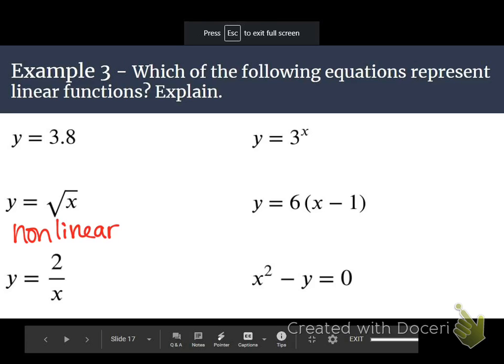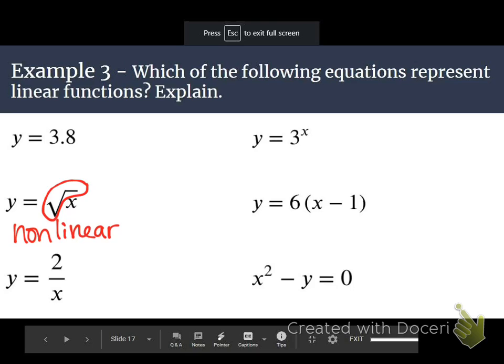So if we have a variable under a radical or a square root symbol, it would be nonlinear. It's kind of like an exponent of sorts. So this one is nonlinear, and if you just want to circle the radical or write down x is under a radical or under a square root.